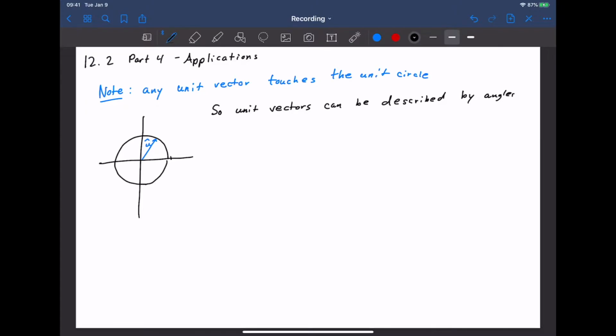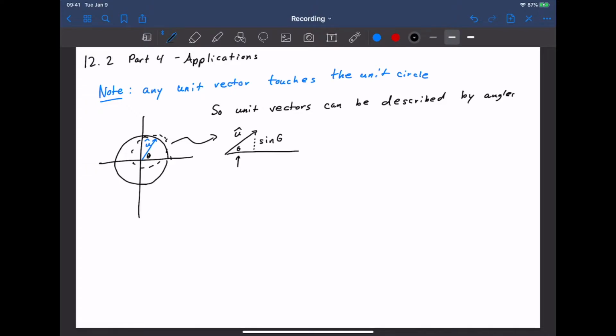How? So if that's my angle theta, I'm going to take this picture and blow it up. We have a unit vector u. We have the positive x-axis, right? And if this is theta, what's the opposite side? It'll be the sine of theta. And what's this side?